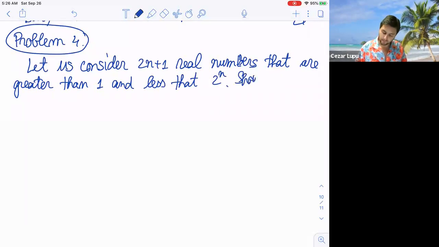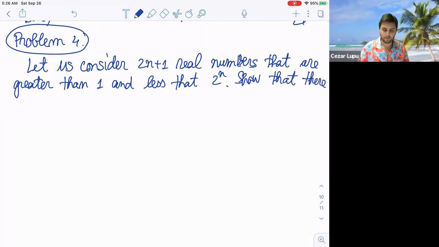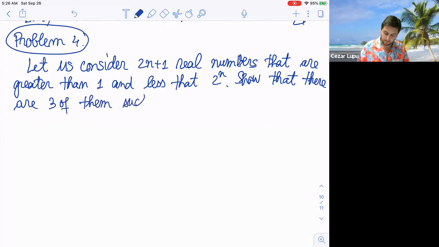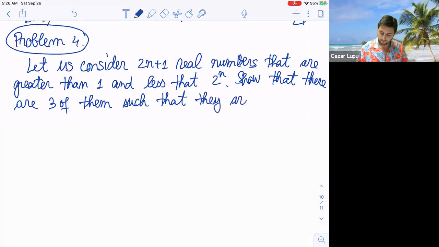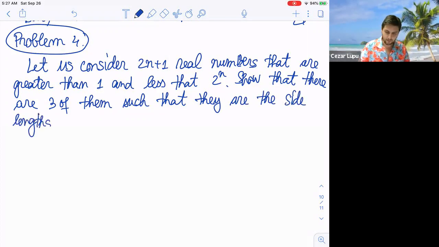Show that there are 3 of them such that they are the side lengths of a triangle. Okay, we have this.